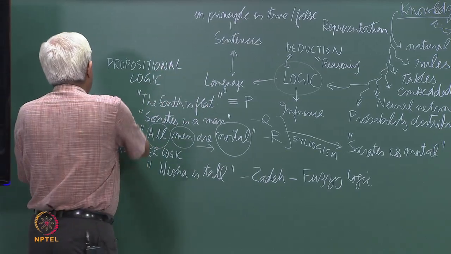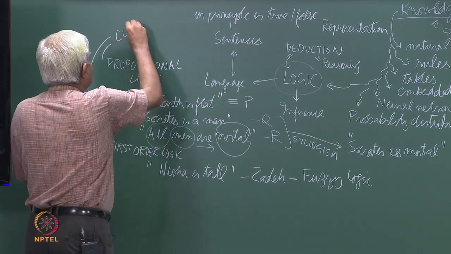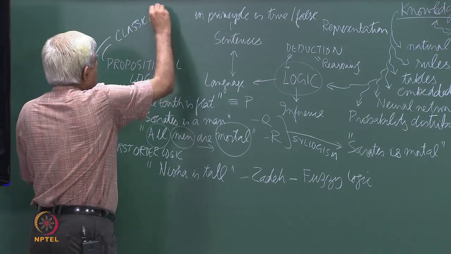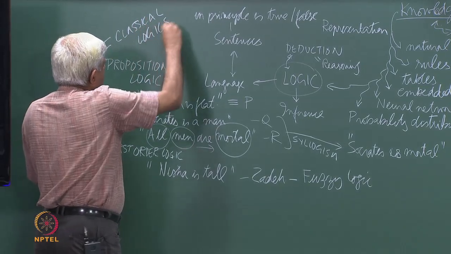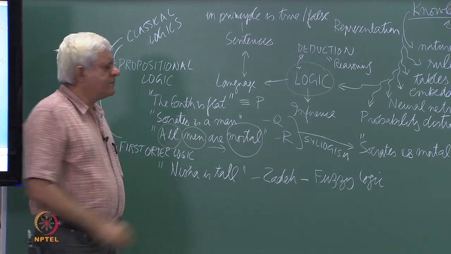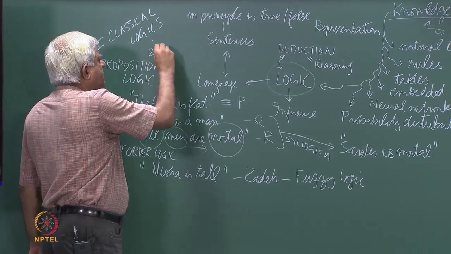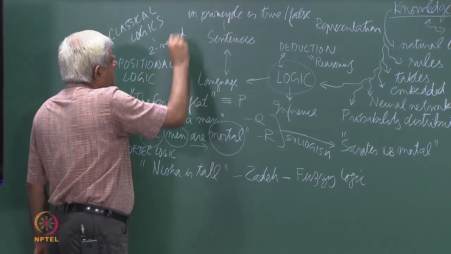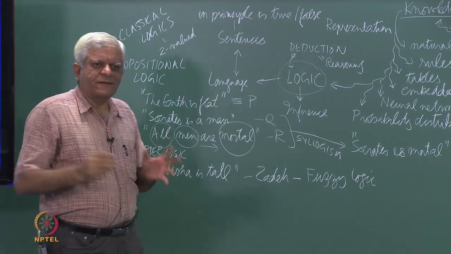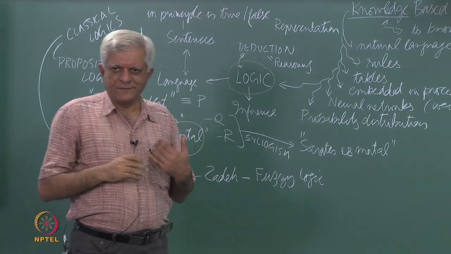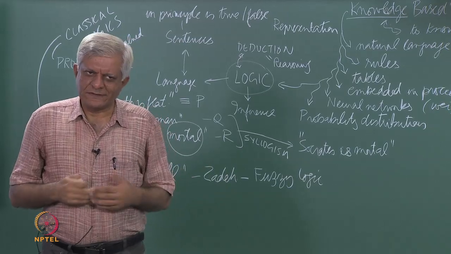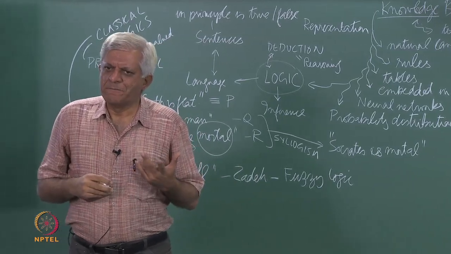These two are what we call classical logic, and by classical logics we more or less mean two valued logics, that a sentence can take one of two values. In our case we call them true and false, but that is only for our own convenience.